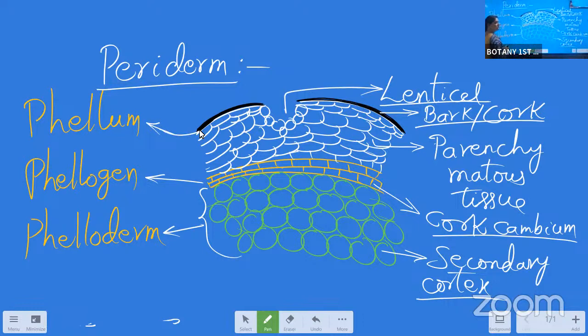Okay, cork, otherwise the bark tissue is called the phellum. And the cambial cells that are present during the secondary growth outside the stellar region are called the cork cambium or else phellogen. And these are the living cells.